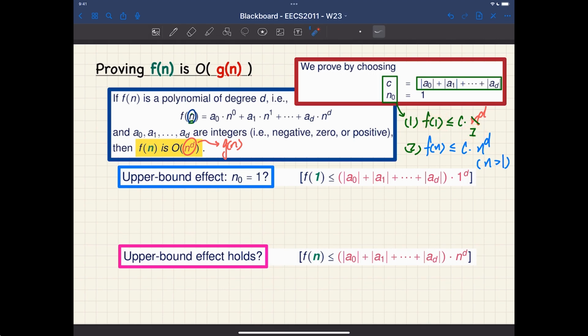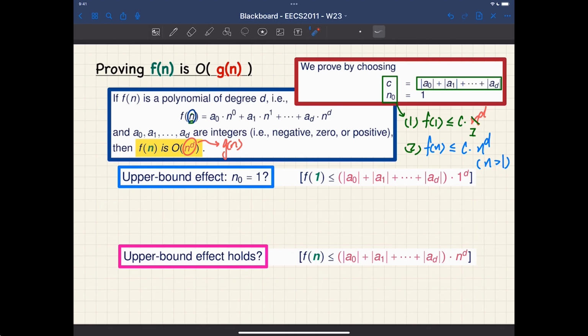Right? Are we okay with the general plan for the proof? 2 parts we need to prove. Upper bound effect should be happening when n is equal to 1. That's what we're going to prove over here. Upper bound effect should also be the case for n larger than 1 and onwards. That should be this case over here. All right?